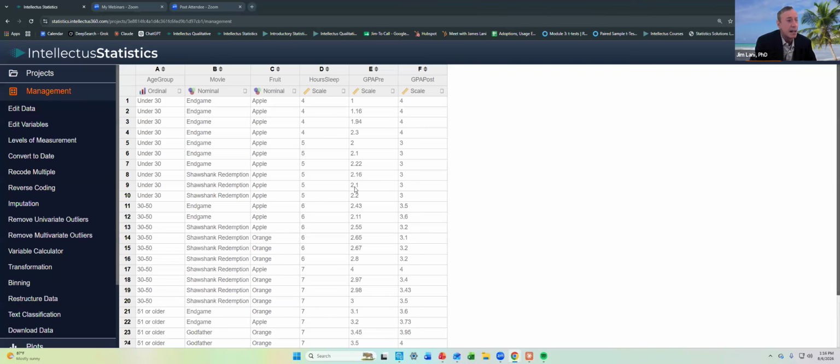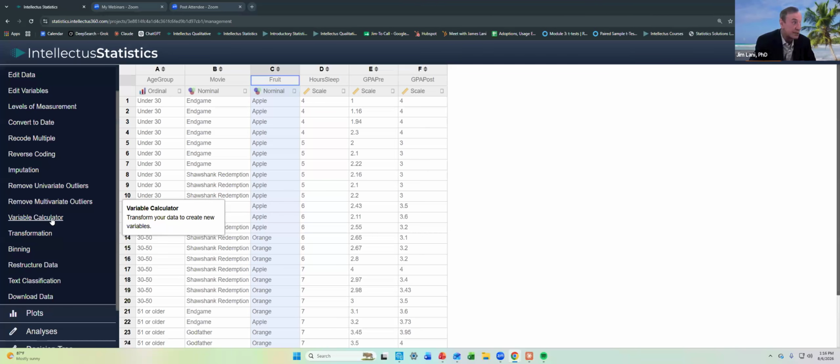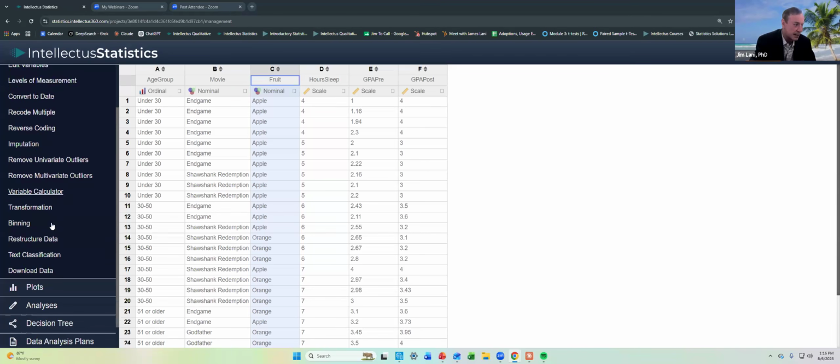So once you have this data in, and you can change these levels of measurement as well, okay, by clicking that box. Data management is on the left. You can scroll over to see, okay, what that function does.